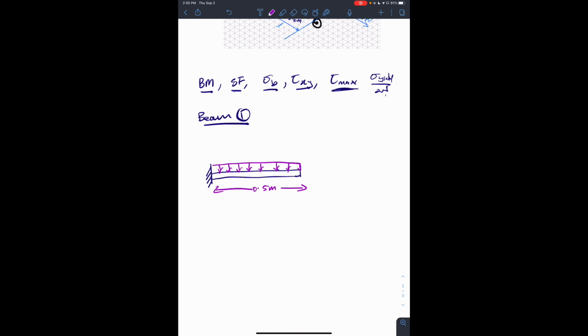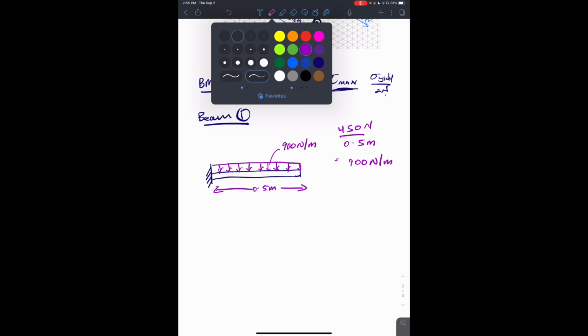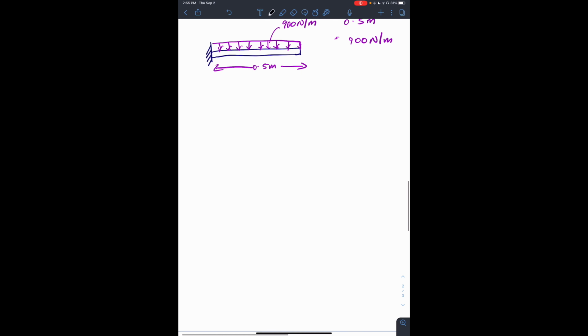And now we need to know what this UDL load is. So we said that's 450 newtons distributed over 0.5 meters. So that really is 900 newton per meter. So the distributed load here is 900 newton per meter. So now we could go ahead and draw the shear force and bending moment diagram.